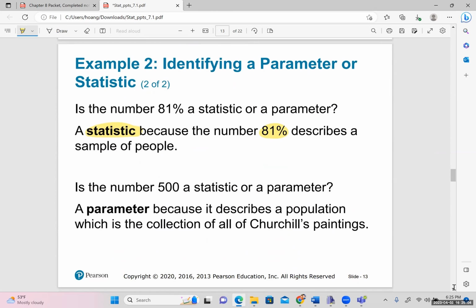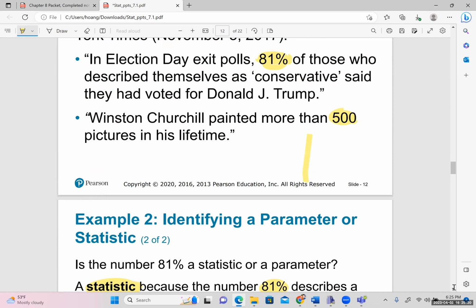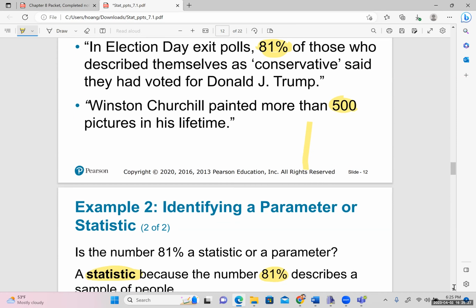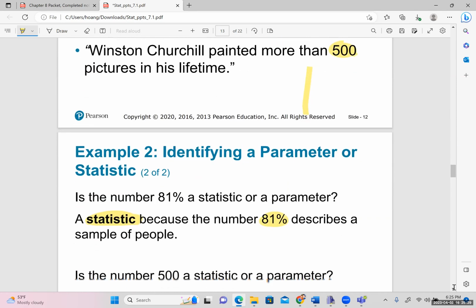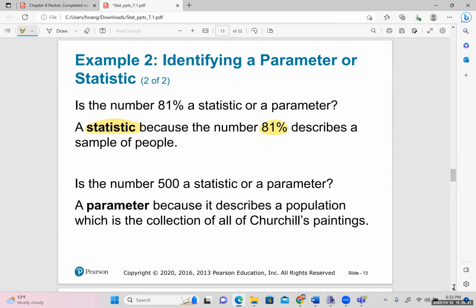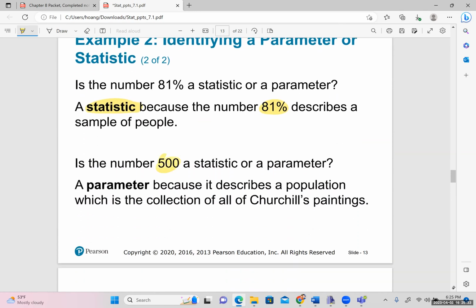This is a parameter because it describes the whole population, the collection of all Churchill paintings, since it states that Winston Churchill painted more than 500 pictures in his lifetime.